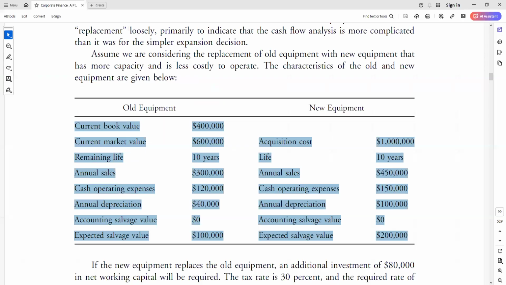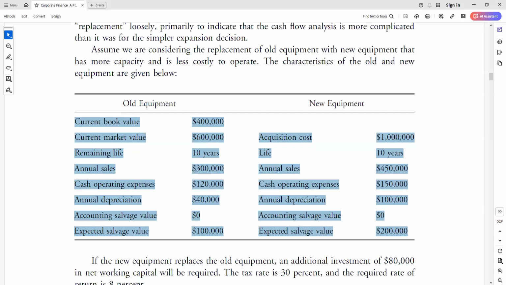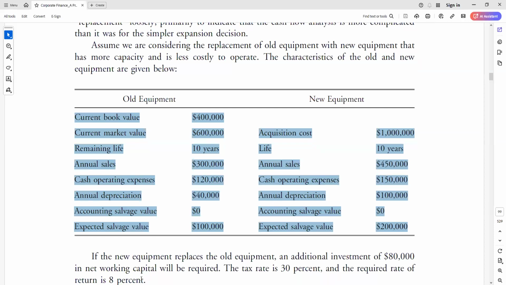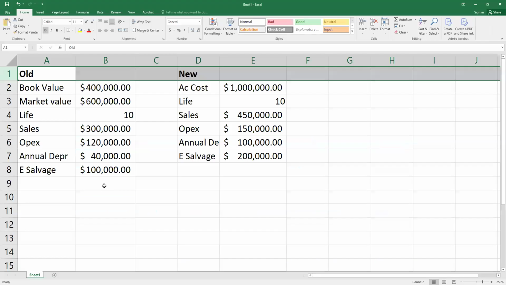Did I miss anything? Yes, there are tax rates. And here it says new equipment replaces the old equipment and additional investment of 80,000 in net working capital will be required. So net working capital will be 80,000. Tax rate is 30% and required rate of return is 8%. This data should be entered too.